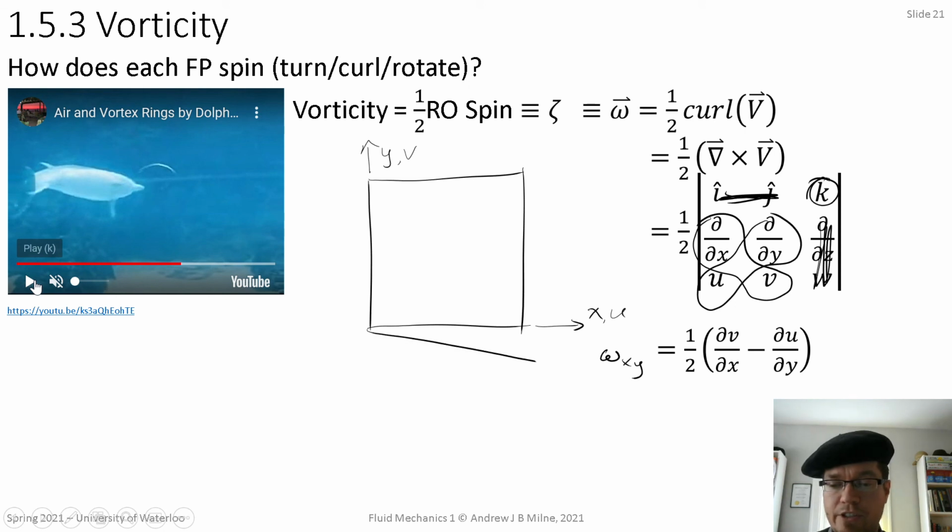But here, instead of the velocity gradients tending to shear the fluid parcel into a parallelogram shape, these velocity profiles, or these slopes of ∂u/∂y and ∂v/∂x, are going to tend to rotate that fluid element.